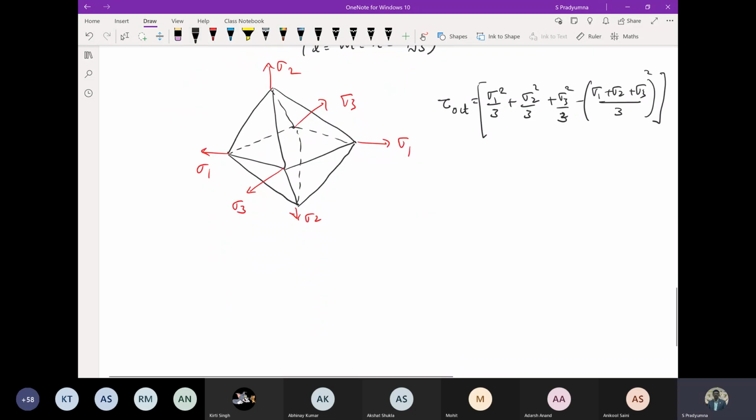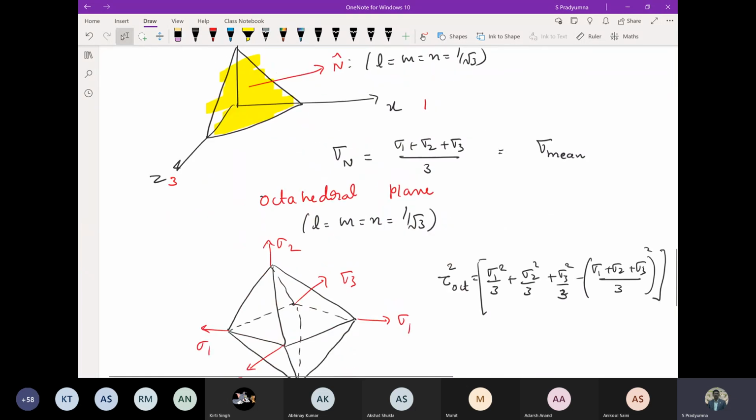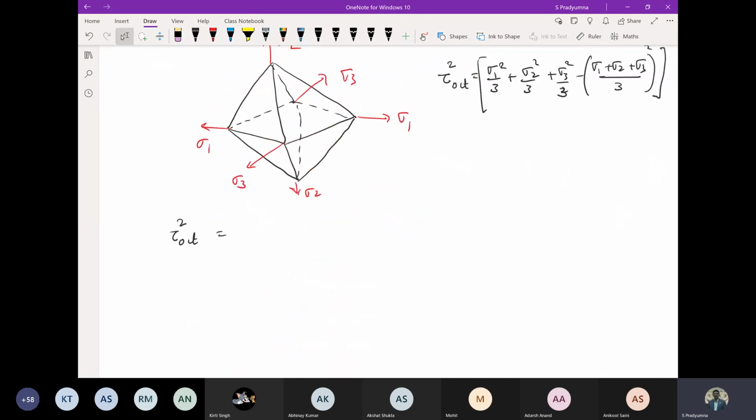I can simplify the value of this octahedral shear stress as equal to this octahedral stress square. Okay, so this is the square value. So I can write tau octahedral square is equal to, I simplify this equation to write, 1 by 9 times sigma 1 minus sigma 2 square plus sigma 2 minus sigma 3 square plus sigma 1 minus sigma 3 square. So this is the value.